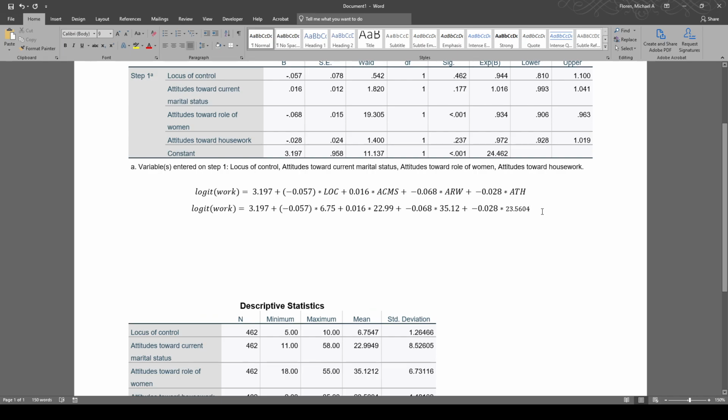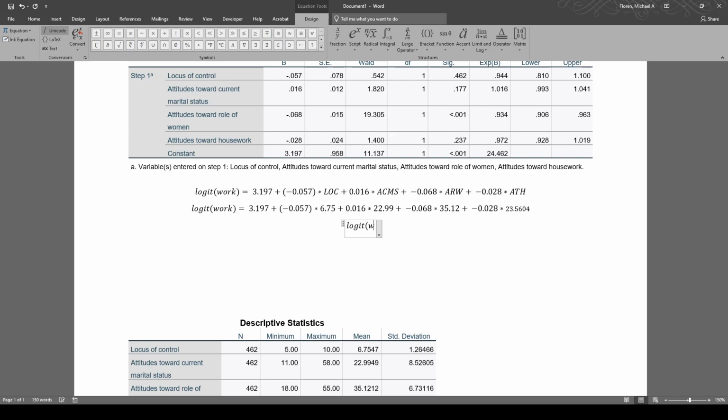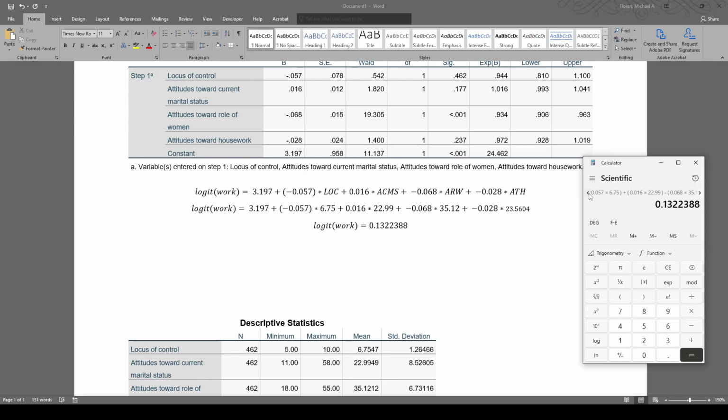And so if you remember from class, logit work equals whatever that number is that I just got out of my calculator from this big, long equation here. And hopefully I typed that in right, because if not, that'd be really awkward. I can really quickly check. 3 minus, multiply things together, plus those two things multiplied together, minus those things multiplied together, minus those things multiplied together. Yeah, that looks right.